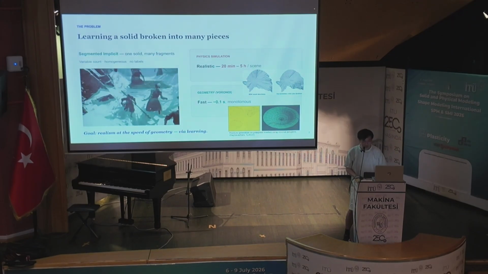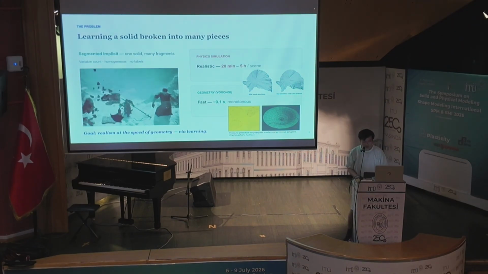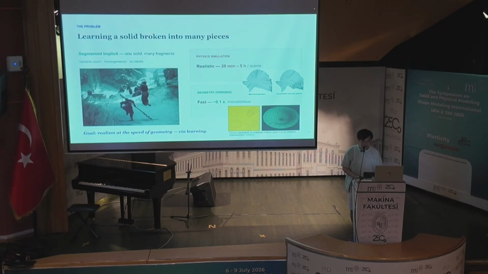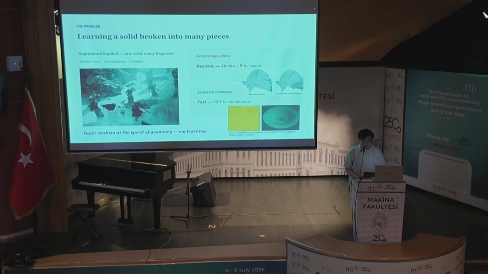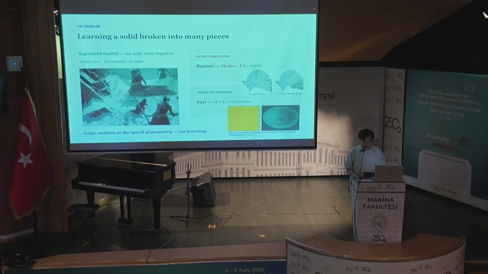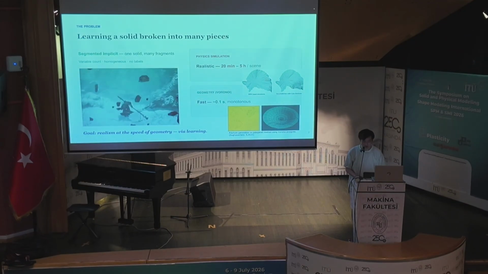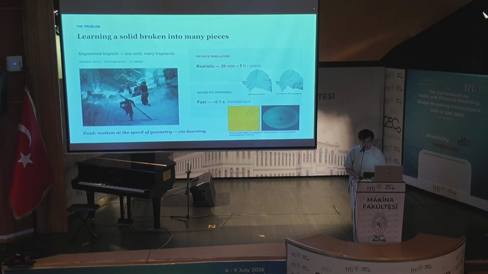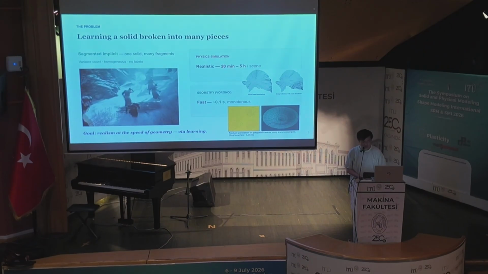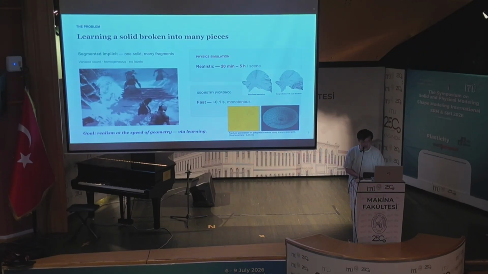That is the kind of object we want a network to represent: a solid broken into pieces. The fragment count varies per example, and the pieces are homogeneous. Unfortunately, there are no natural labels that can do that.